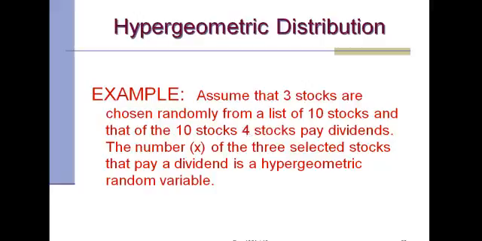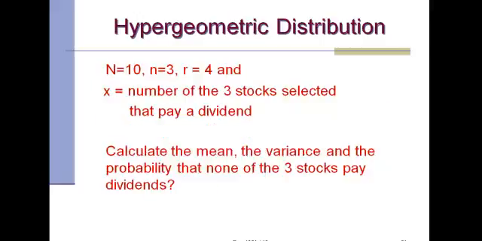So that's the probability of success: there are 4 possible that pay dividends. This gets a little tricky when we go to Excel. But again, 10 is the number in the population, 3 is the number we're going to take in our sample, and 4 of the 10 have the characteristic of paying dividends.